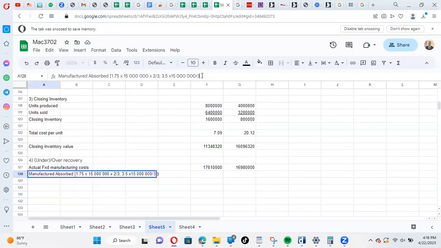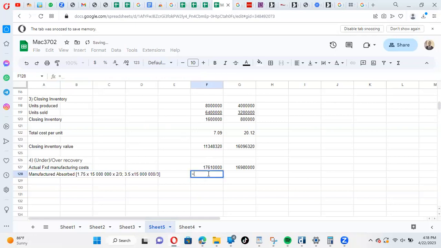So we are only considering the fixed costs here because that's where our issue is. Right, so 1.75 times 15 million times 2 divided by 3. It's going to give us the one for that one. There you see the amounts are quite close. 3.5 times 15 million divided by 3. Pretty close again.